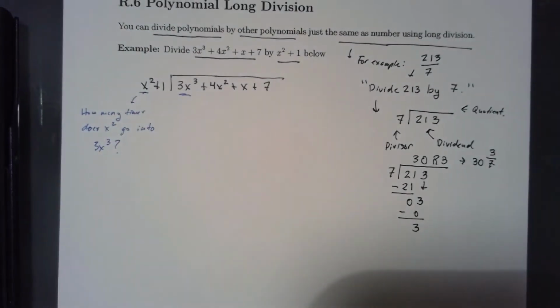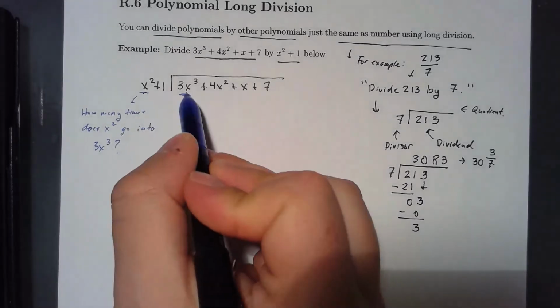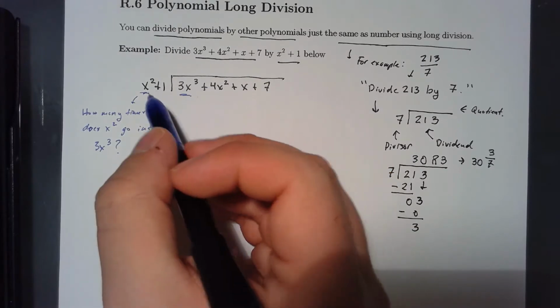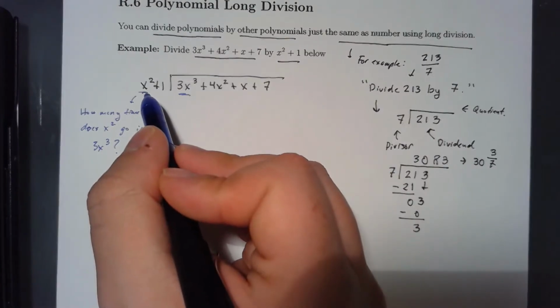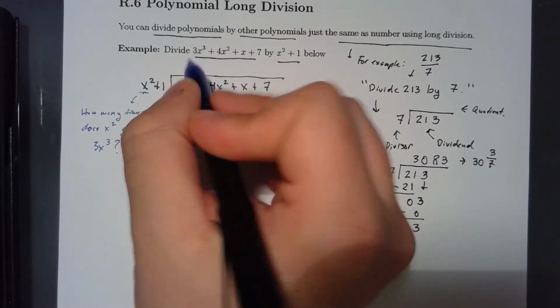In other words, what's missing? If I multiply x squared by what to get 3x cubed, what is it going to be? It's going to be 3 times x, right? 3x times x squared gives me 3x cubed. So the 3x is going to be part of the quotient.